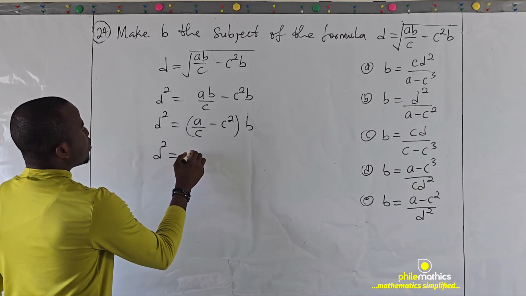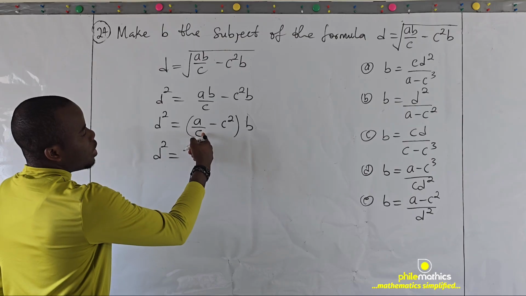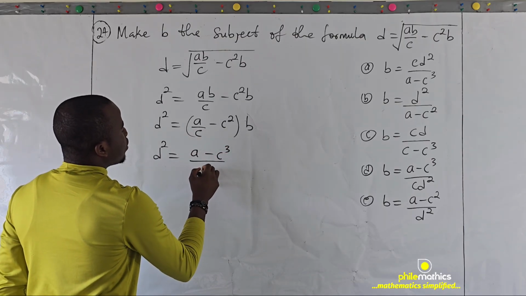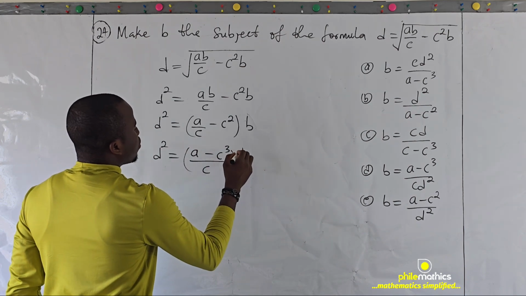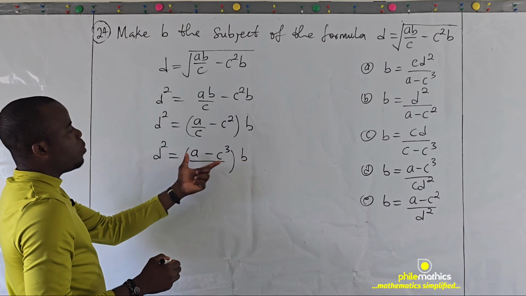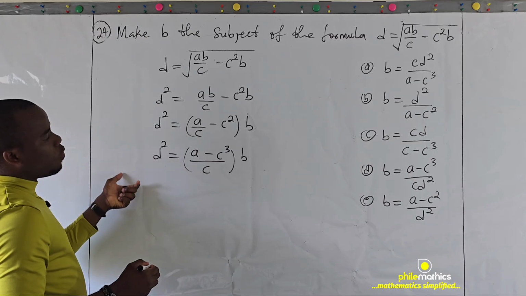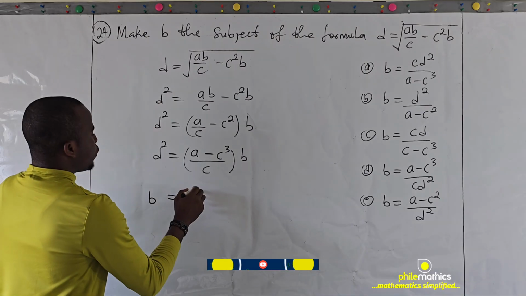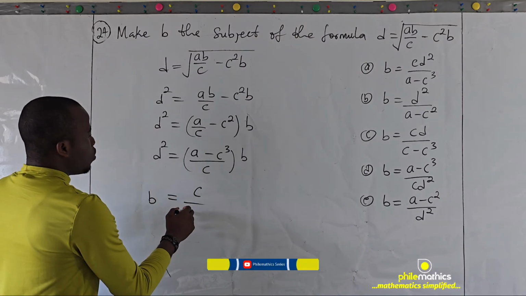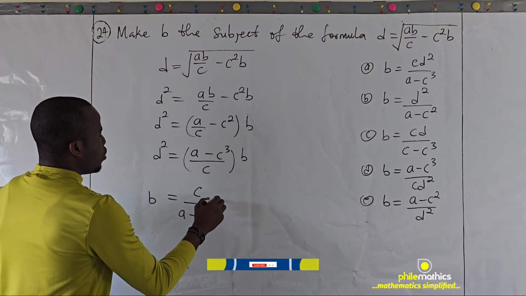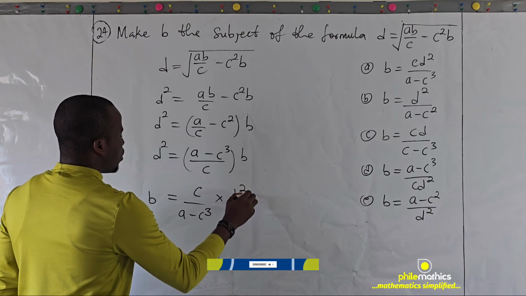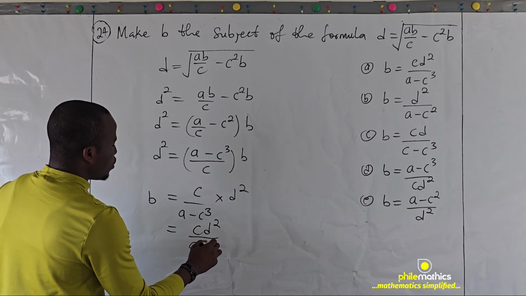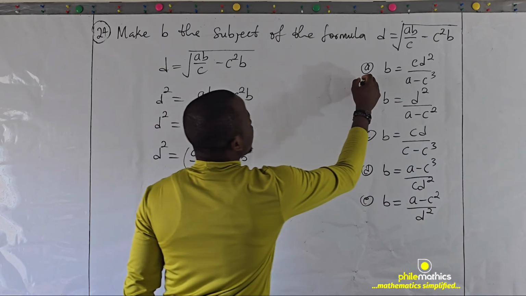This square is A, LCM is C, so this is A minus C cubed over C. So now I can multiply both sides by C over A minus C cubed, so that I will get B to be C, that is the inverse of this, A minus C cubed times D square. So my answer is CD square over A minus C cubed, and so that is A.